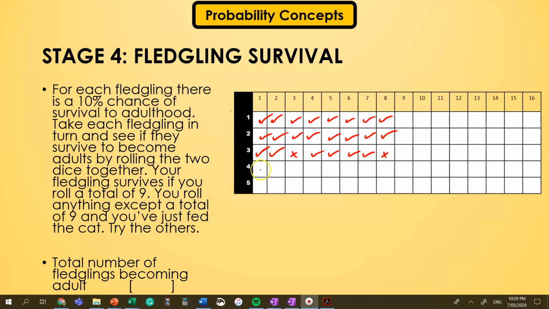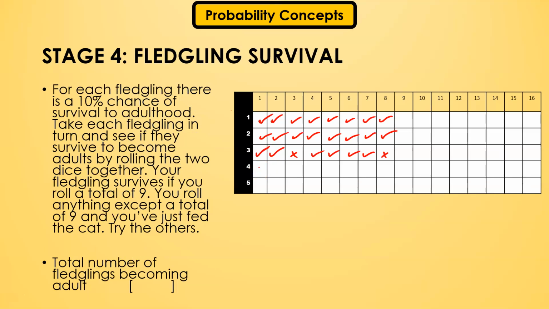So we're at 11. So the first fledgling didn't make it. So we ended up with 6. Oh, so that's wrong. Okay, 5, they didn't make it. 11 didn't make it. 7 didn't make it. 8 didn't make it.